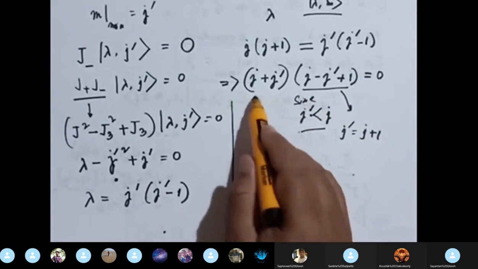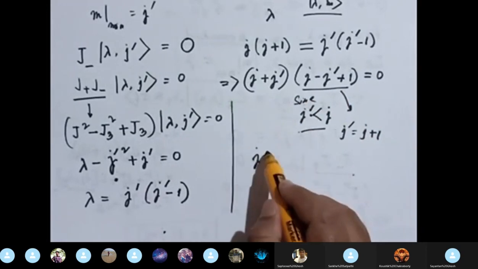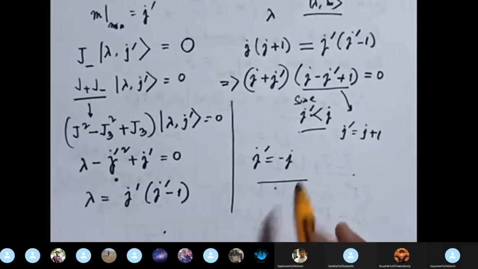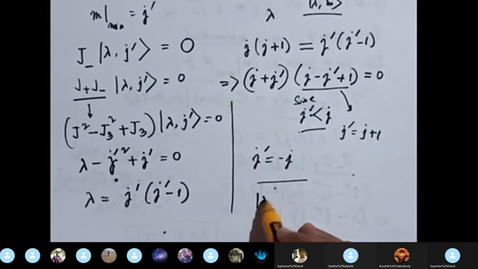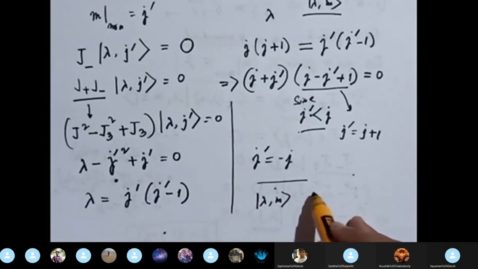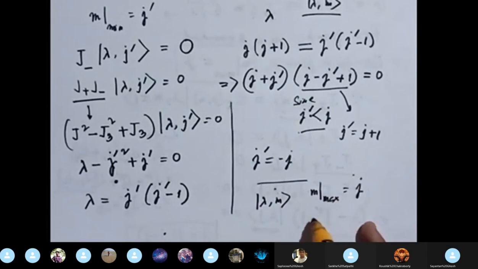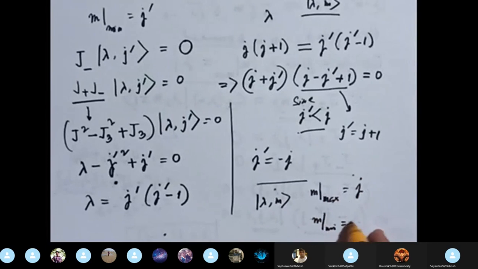We must have J plus J prime equal to 0, or J prime is equal to minus J. Which basically tells you that for a given lambda, if M max is J, M min will be minus J. Okay.